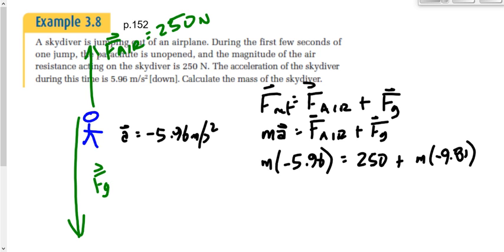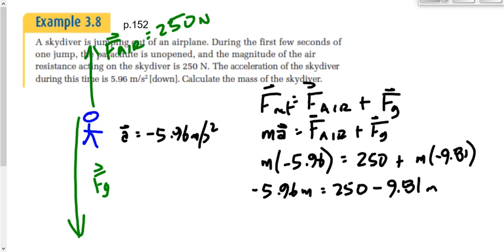Now, I'm going to simplify this a little bit, make it look a little tidier at least. How do we take that negative 9.81 m over to the left-hand side so that we combine the like terms? Remember doing that in math class, combining like terms? I want to combine the m's. I've got to take the 9.81 over to the other side.